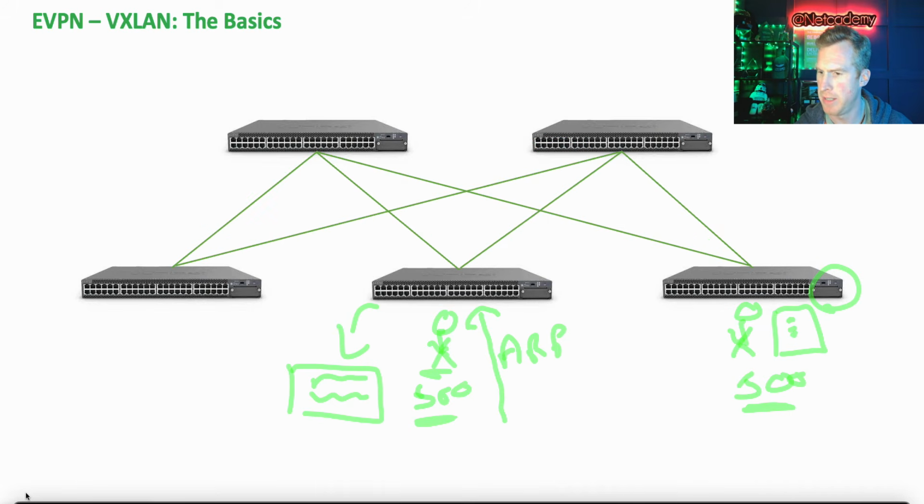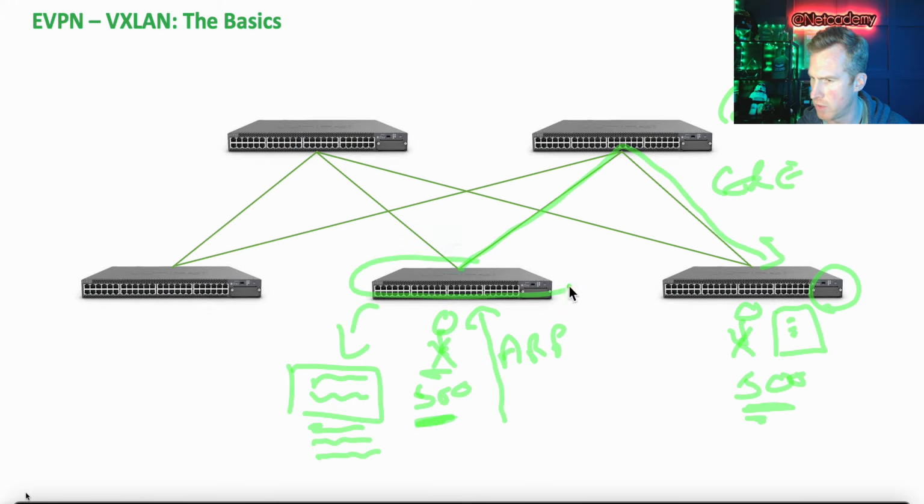So what EVPN does is, when that MAC address is entered into the switching table, if there's another interested party in VLAN 500 within that VNI, that virtual network identifier, within this network, EVPN will advertise through the switch, through the spine, or through this collapsed core, that this device here with this MAC address is connected to this switch.